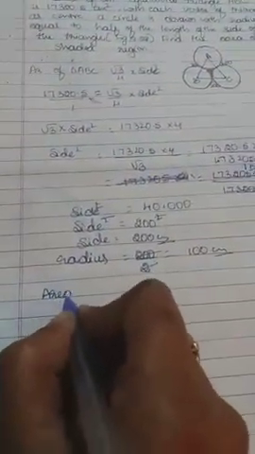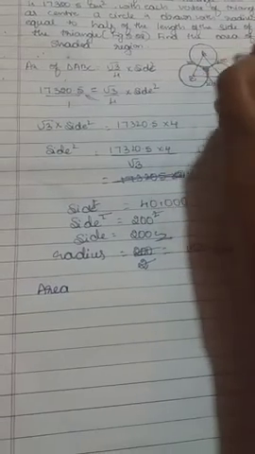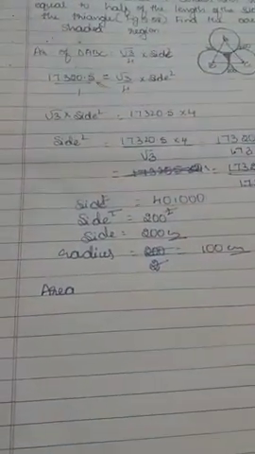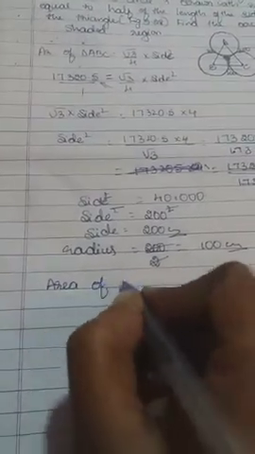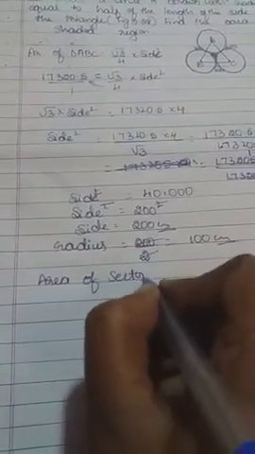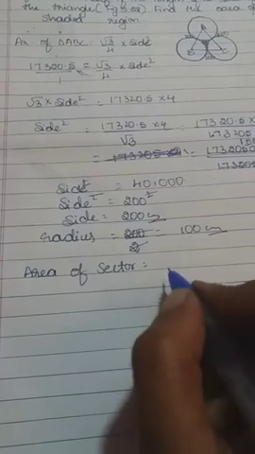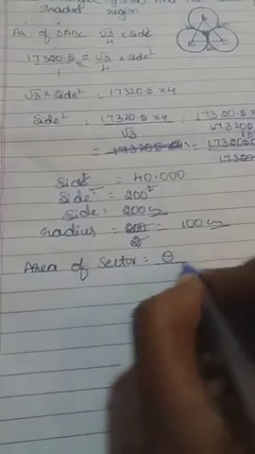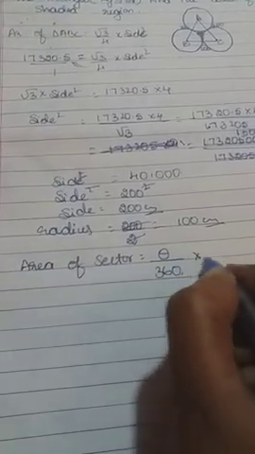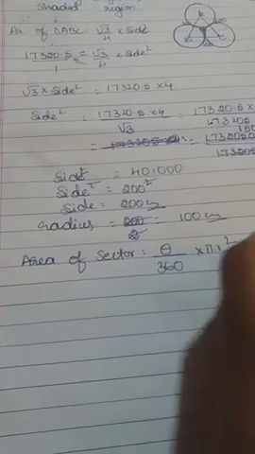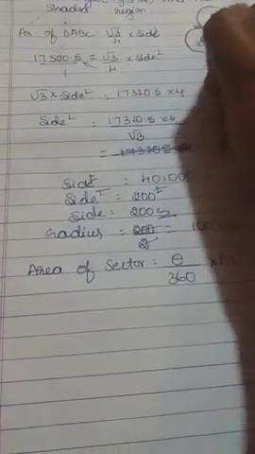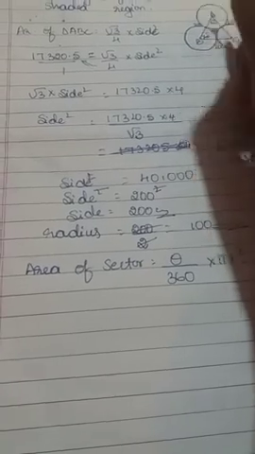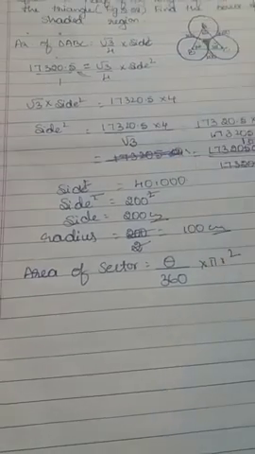Let's find out the area of the sector we required here. Like that 3 sectors are there. If you find out one sector, we can take all. I mean area of 3 sectors. Area of sector is theta divided by 360 into pi r square. So student, you have to know about that equilateral triangle. The angle would be 60 degree. Here it is also 60 degree and here it is also 60 degree.